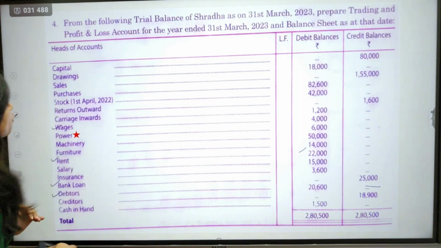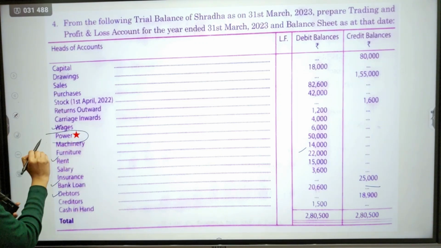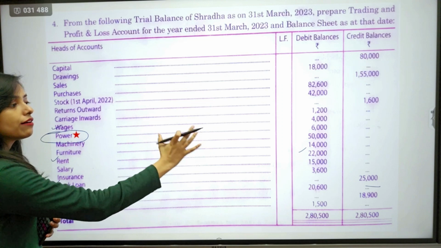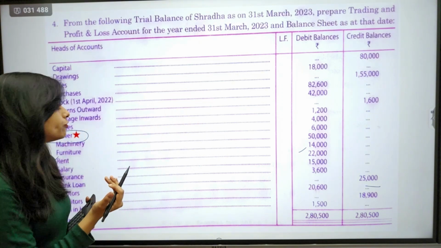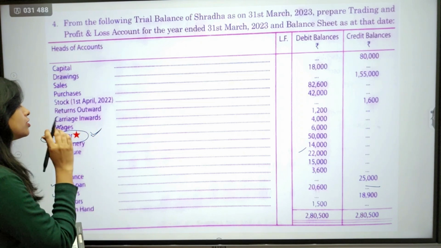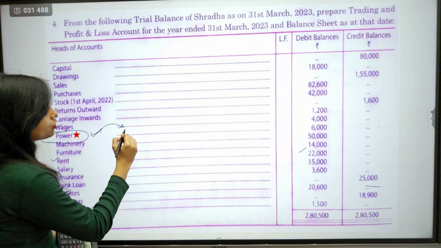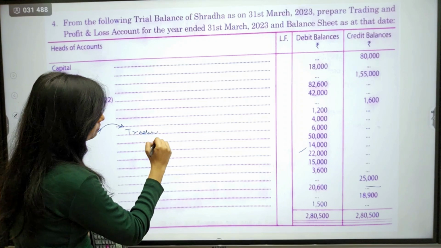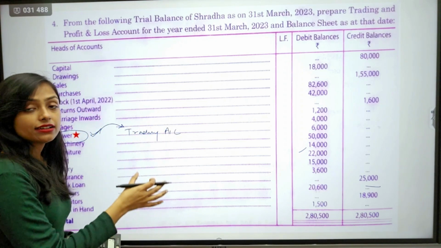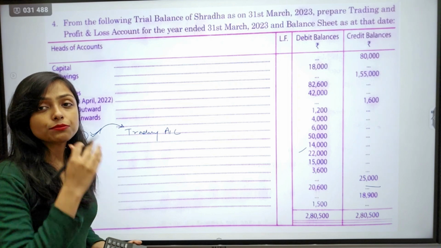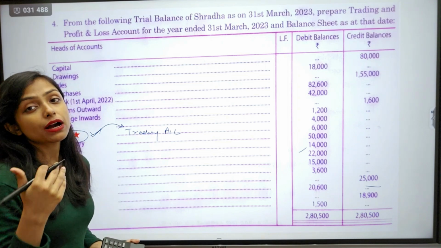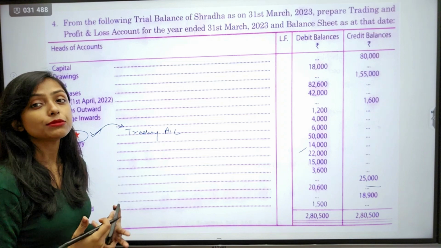Okay? One important point over here is power. So you are getting power and you are getting an amount on the debit side. It is an expense obviously. Whenever the word power is given, you have to assume that this belongs to the trading account and not to the PL account. Whenever we say power, we always mean power that is used for operating the machineries.